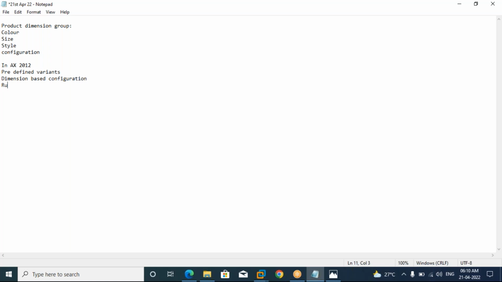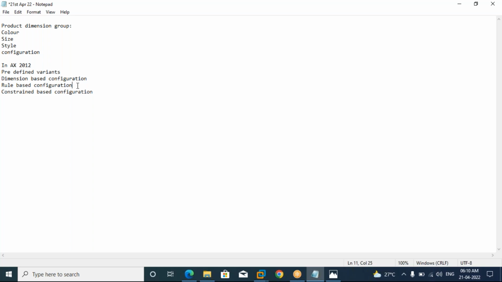Next, rule based configuration. And constraint based configuration. Okay, there are 4 types in AX2012.